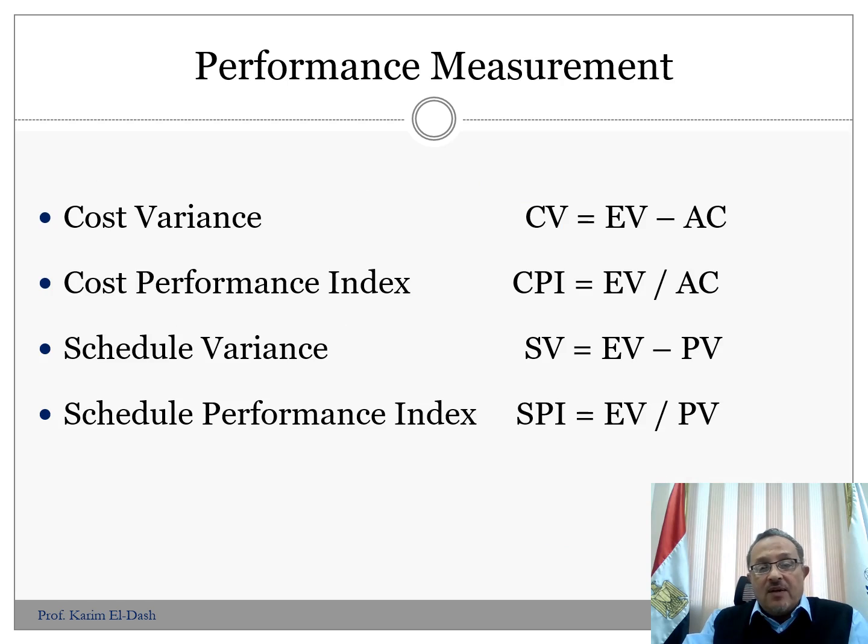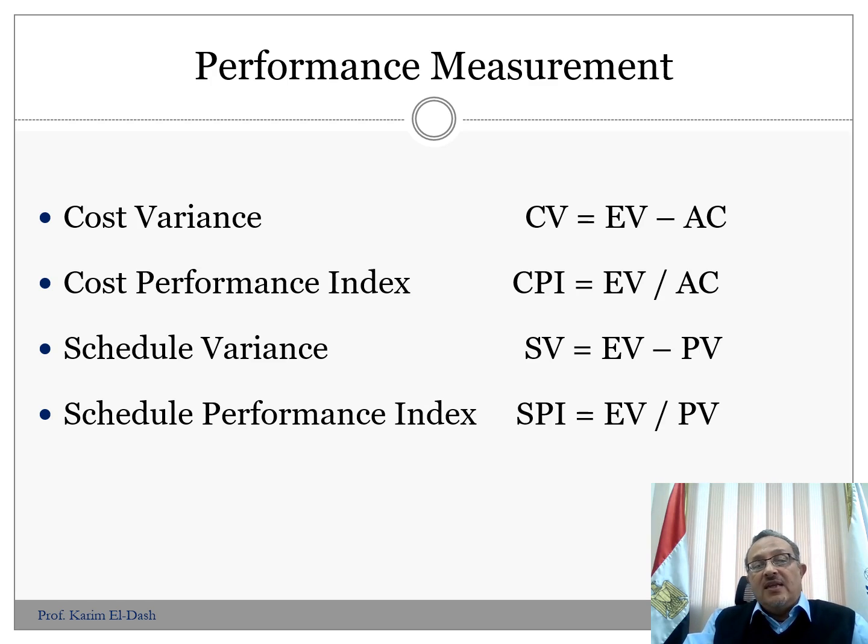And these are some measurements for the cost and schedule performance for the project. Cost variance, which is the difference between earned value and actual cost, as described on the previous slide and the previous S-curve chart.